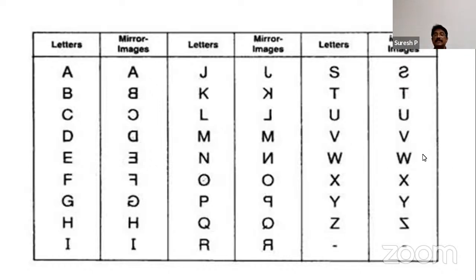Mirror image of W and W will be same. Mirror image of X and X will be same. Mirror image of Y and Y will be same. But the rest of the letters are different. Okay. So we'll see all the changes, and mirror image of Q and Q also will be same. Okay. Now come to the next one.